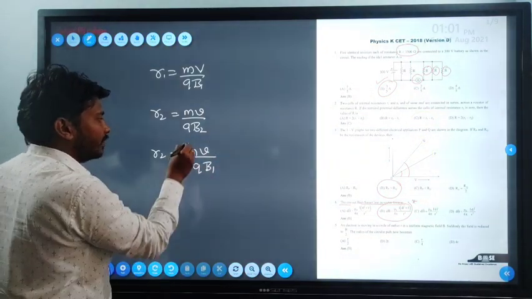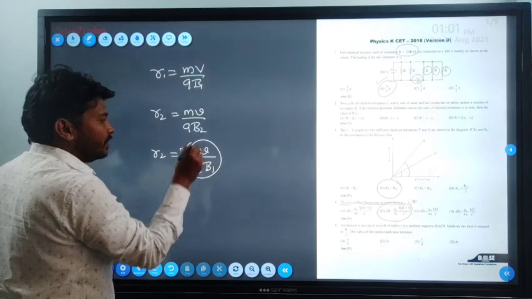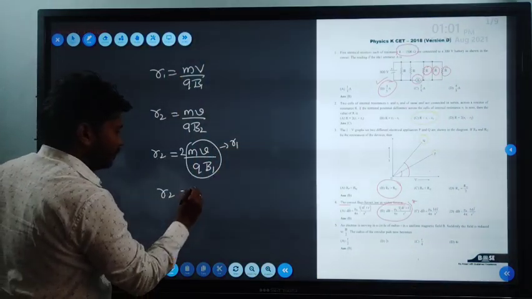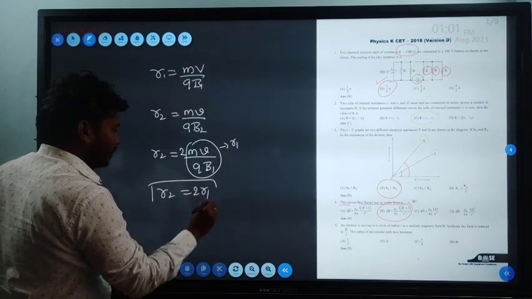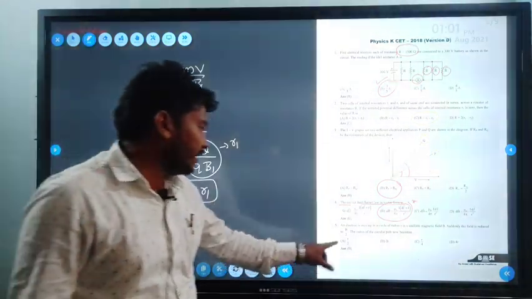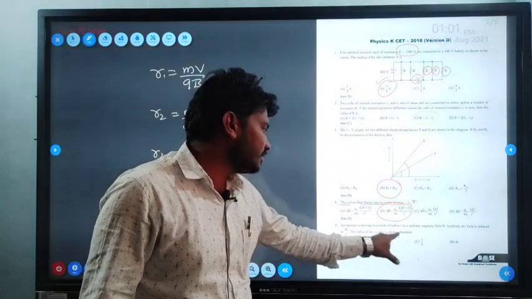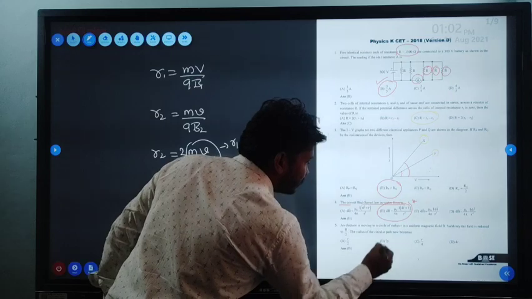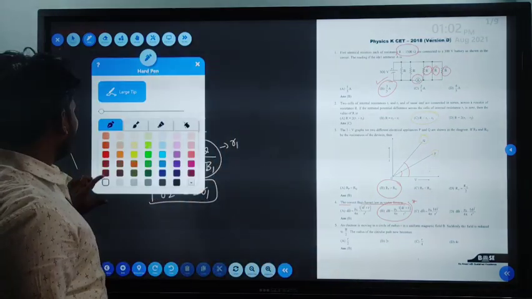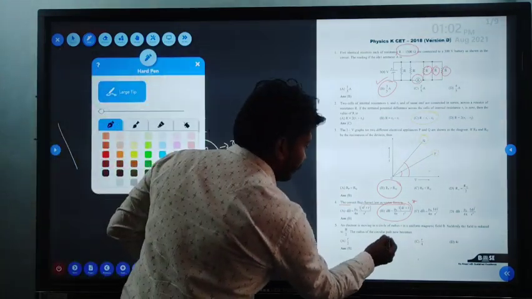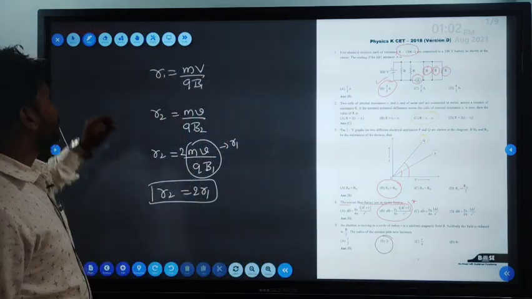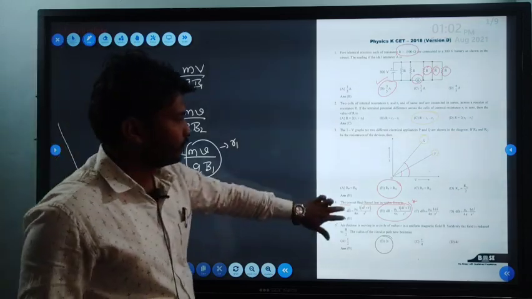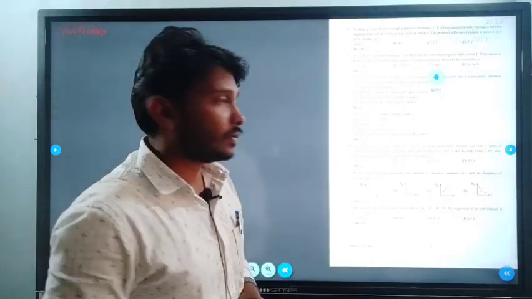If it goes to the numerator, R2 equals M into V divided by Q into B1 times 2. So R2 equals 2 times R1. If the magnetic field is reduced to half, then the radius of the circular path becomes 2 times the initial value. So the second option is right for the fifth question. Then we'll go for the next question.